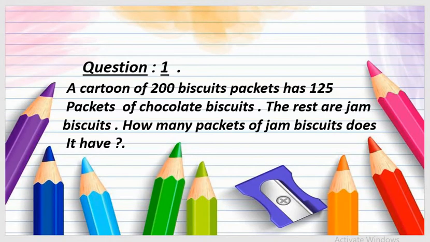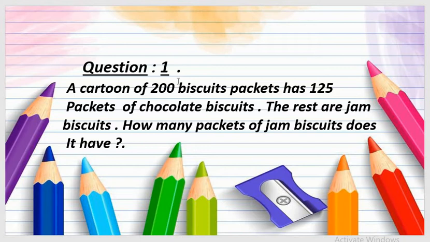Question number 1 is: a carton of 200 biscuit packets. A carton here means a box, not an original carton. A carton of 200 biscuit packets has 125 packets of chocolate biscuit.